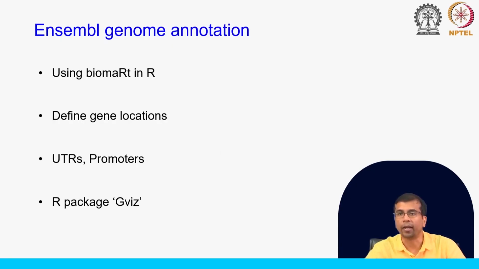We introduced this in one of our earlier classes, where we discussed the Bioconductor package biomaRt, how you find the locations of genes, and how you load these genomes using the biomaRt package. We will define gene locations, promoter regions, and so on, and then use the R package Gviz for visualization. This is a very brief outlook of what we are going to do in this class as well as the next class.